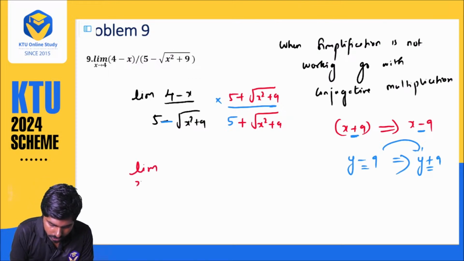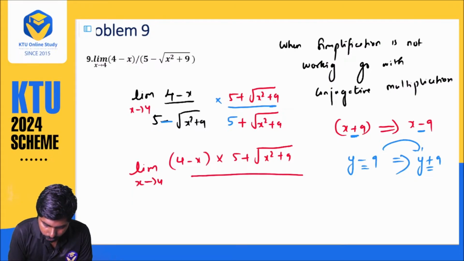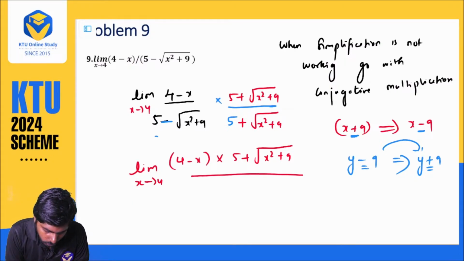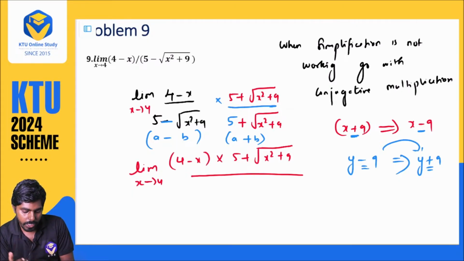Limit x approaches 4, (4 minus x) into (5 plus root of x square plus 9), divided by... now observe carefully: this is a minus b, and this is a plus b. We multiply by the conjugate to get (a minus b) into (a plus b).